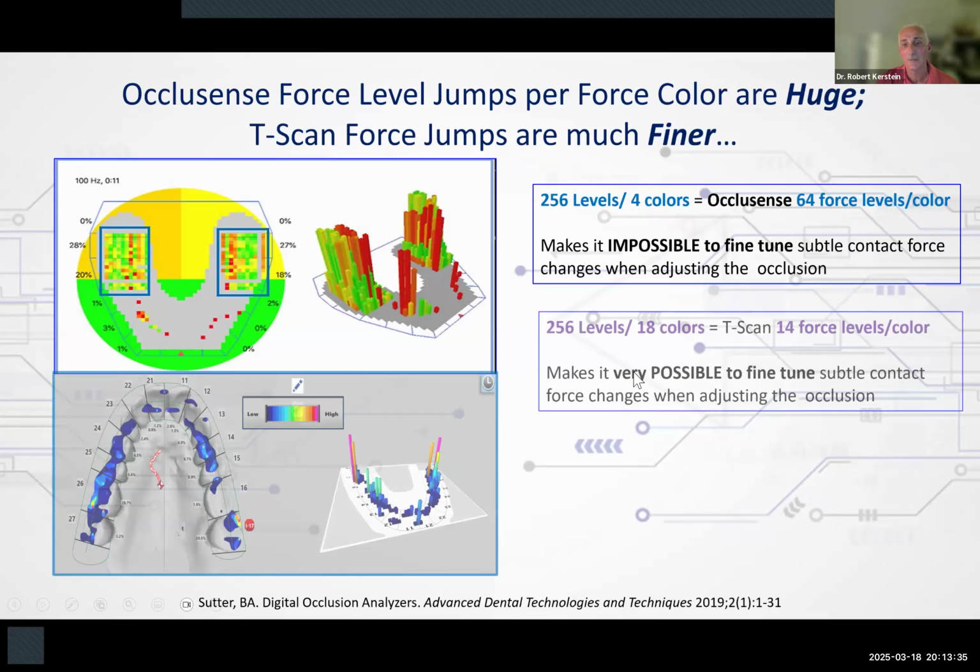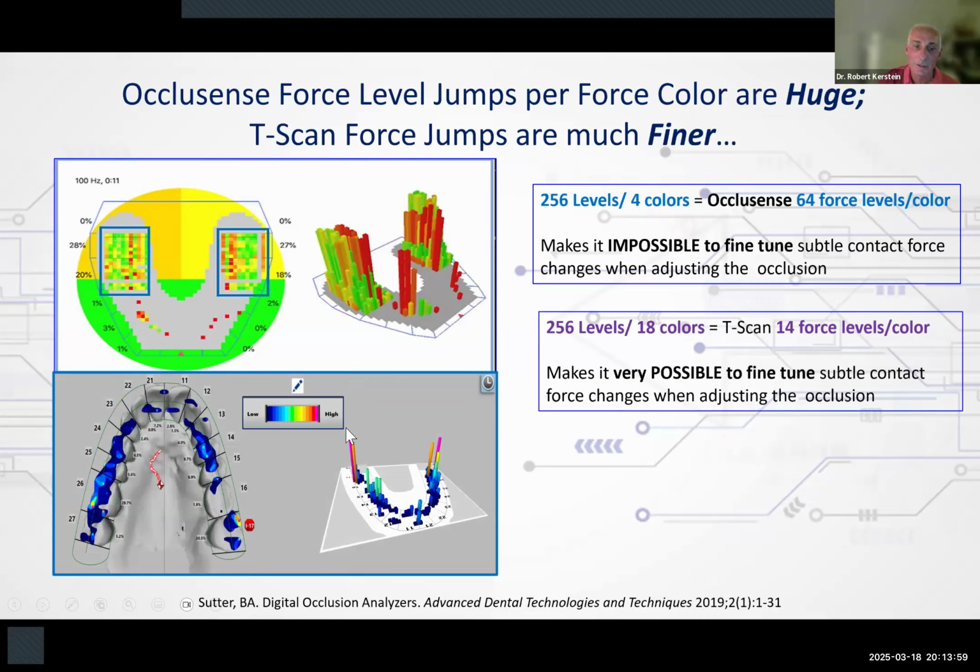Whereas with T-scan, you have 18 colors and you have 14 force levels per color. And this is 4 times more broken up, essentially, or 5 times more broken up, which means that you can readily fine-tune the difference, for example, between those 2 contacts and that contact. And the columns are only 1 height per color.